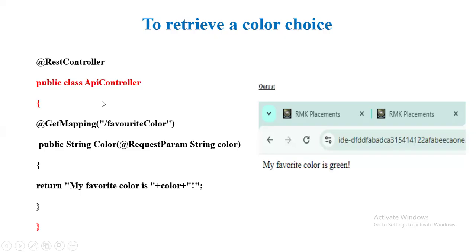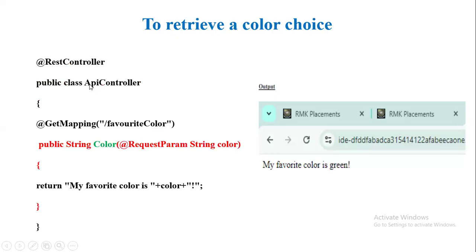This class is annotated with @RestController because this API controller class will act as a REST API controller, and it tells Spring Boot that the class will handle web requests and return the output in the form of JSON or text. So this API controller now will act as a REST controller class.